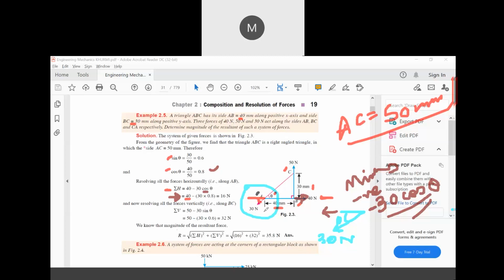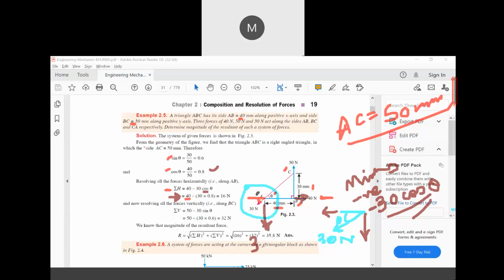Now, if you go to the vertical component of this side, what will be the value? Tell me. Sin theta, 30 sin theta. Very good. Now 30 sin theta is in the vertical direction, right?